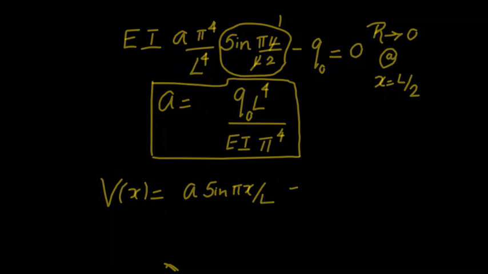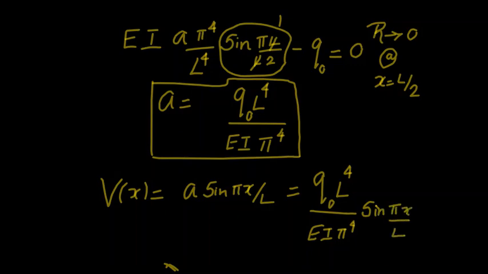So it becomes q naught L raised to the power 4 divided by EI pi raised to the power 4, that is the value of A, into sine pi x over L. So that is the solution to our problem.